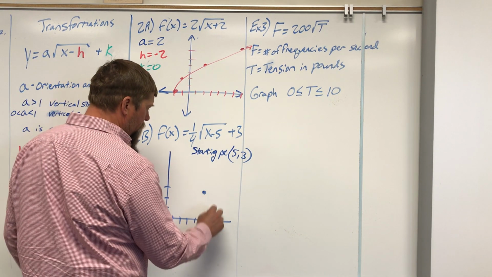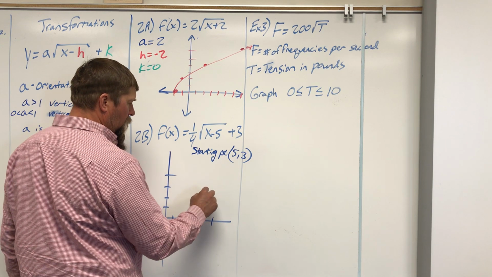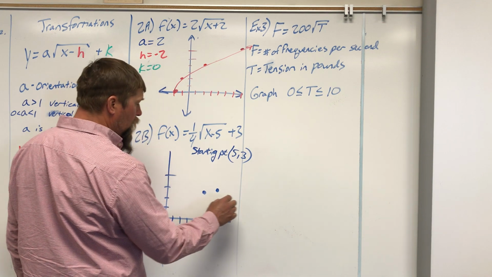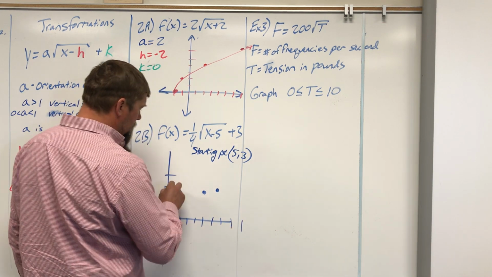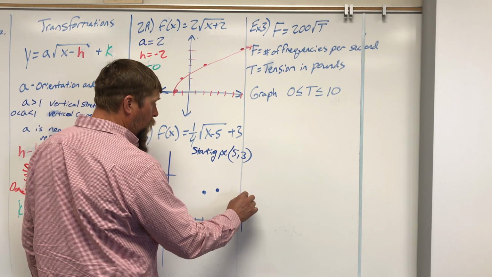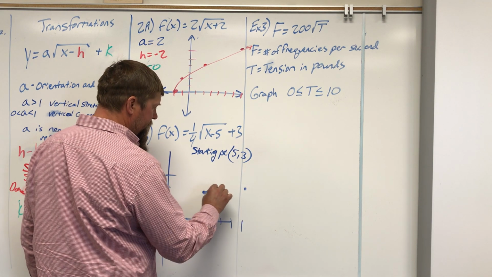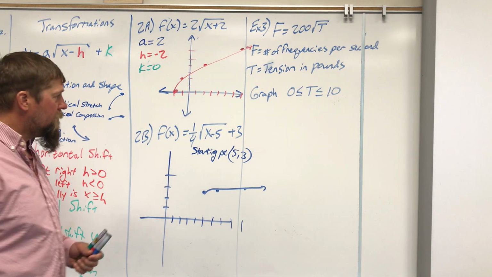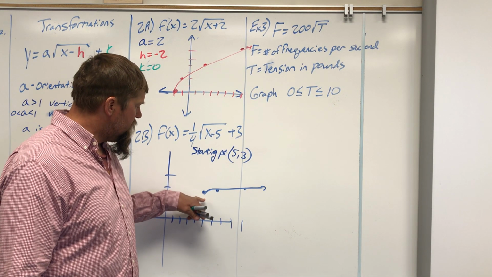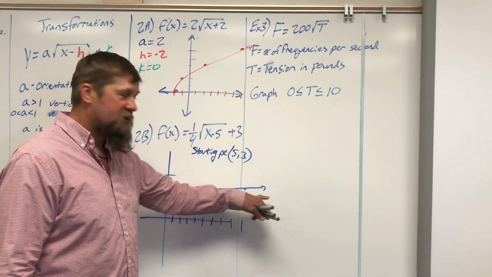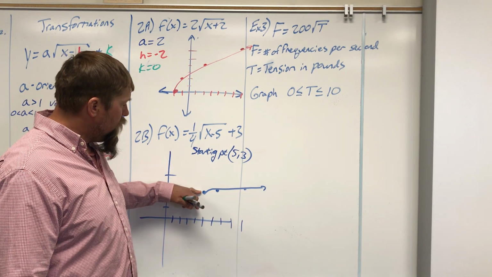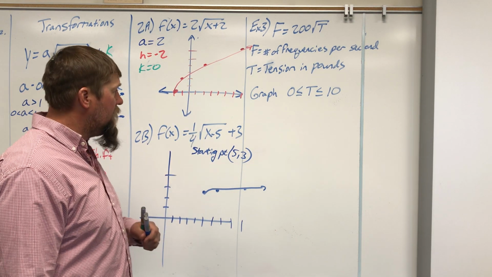So instead of going over 1, up 1, we're going to go over 1, up 1/4 as much. Over 4, up 2, we're going to go over 4, up 1/2. So it's a very flat line because of the 1/4 for your a value. Now the domain and the range: the domain starts at 5 and goes to the right, so it's going to be anything x is greater than or equal to 5. The range starts at 3 and goes up, so it's anything greater than or equal to 3.